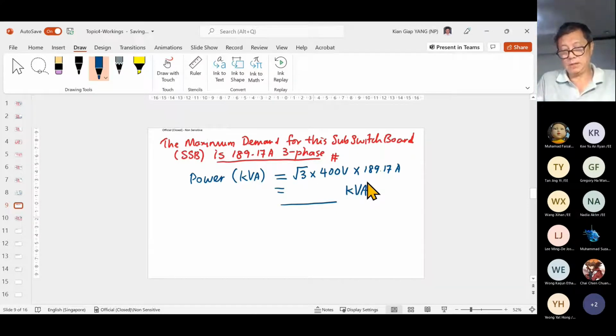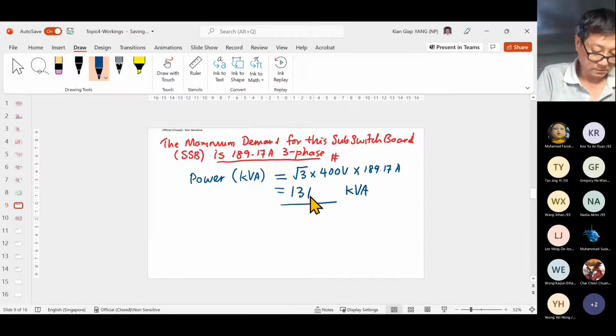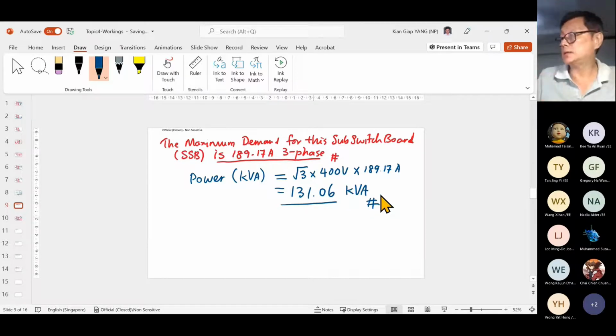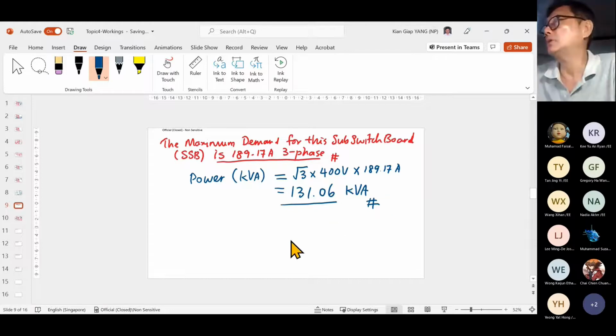So what does that mean? √3 times 400 times 189.17. That gives me 131.06 kVA. So what it tells me is that is the supply requirement, right?